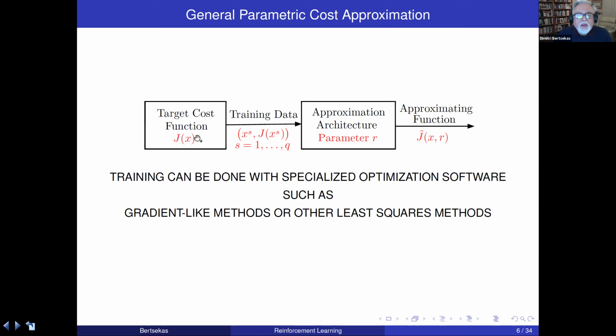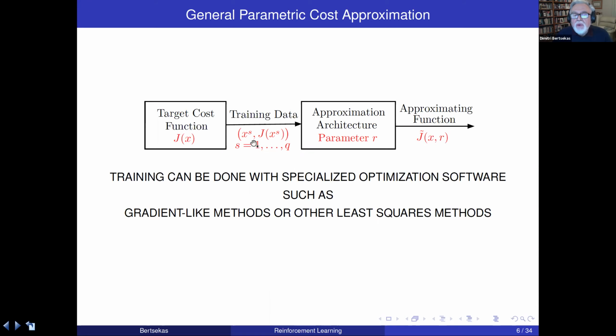So we have the target cost function, we have training data that we collect somehow, and then we also have a family of approximating functions, an approximating architecture. This family is parameterized by a parameter vector, like the weights of a neural network. And for every parameter r, we obtain an approximating function, and we want to find r so that this function matches well the training data.